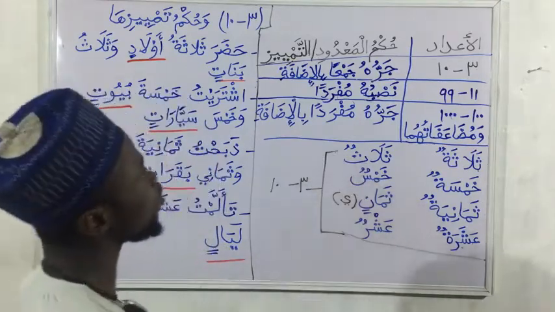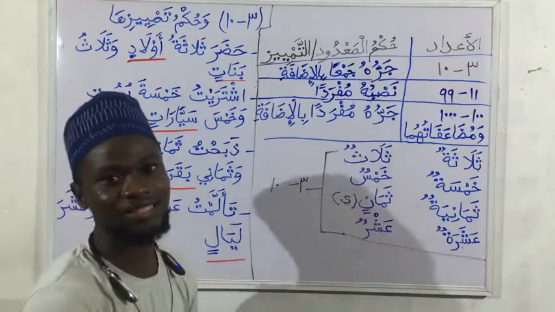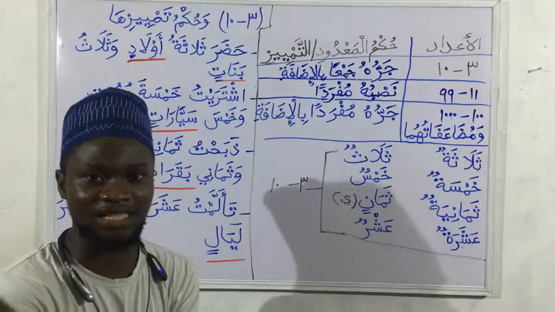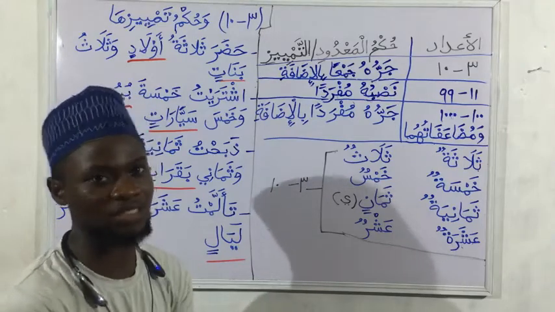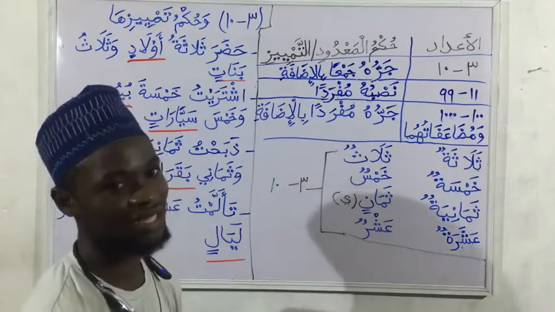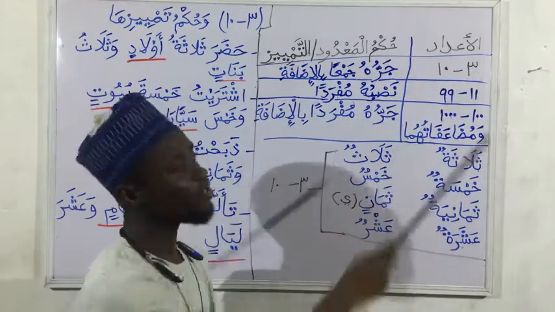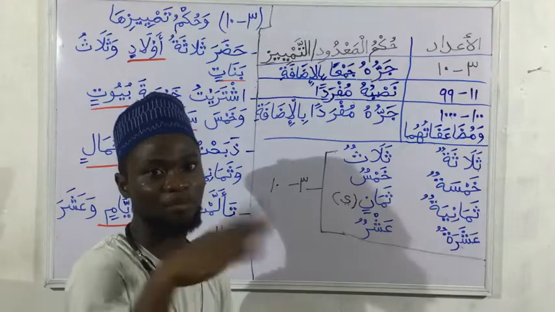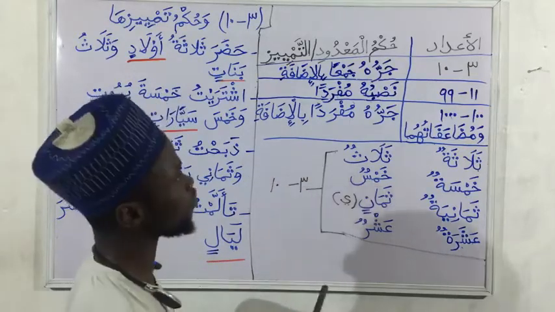So what you are counting serves as the tamyiz. We now want to look at the rulings of the quantified, that is the noun we are counting, in each of the stages of numbers: from 3 to 10, from 11 to 99, and from 100 upwards, 100 and its multiples, and then thousands also.